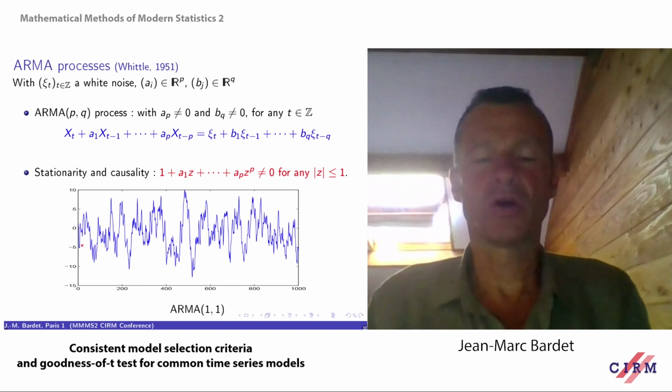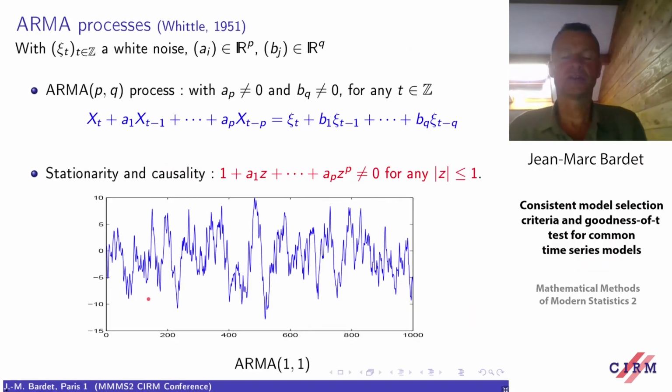Here is a graph of a trajectory of an ARMA process. This is ARMA(1,1), and here the conditions are such that we are very close to non-stationarity. That is, the roots of this polynomial are very close to 1 in modulus.